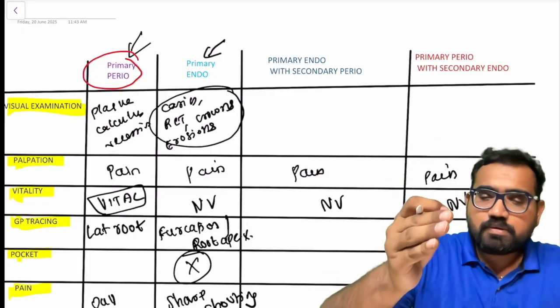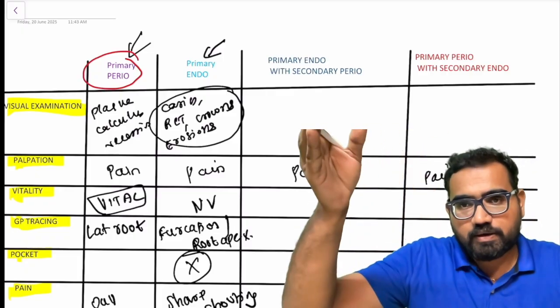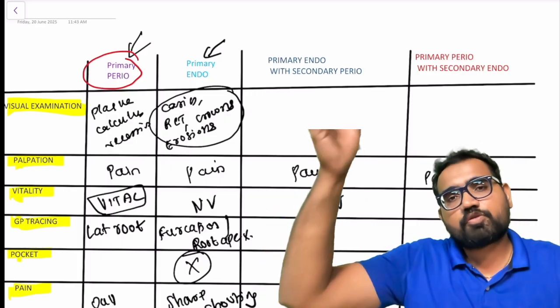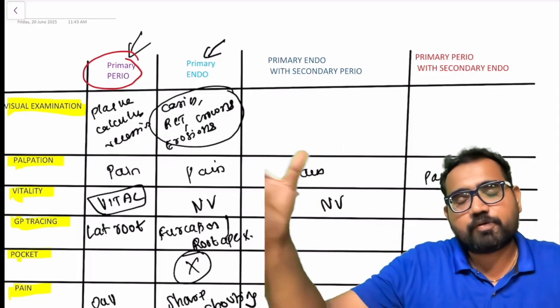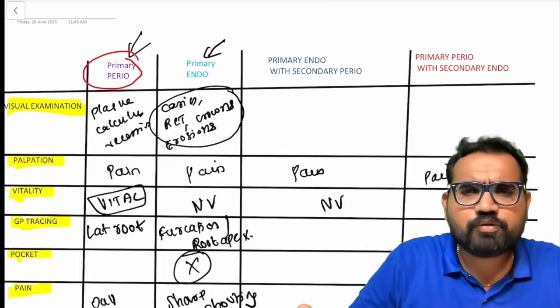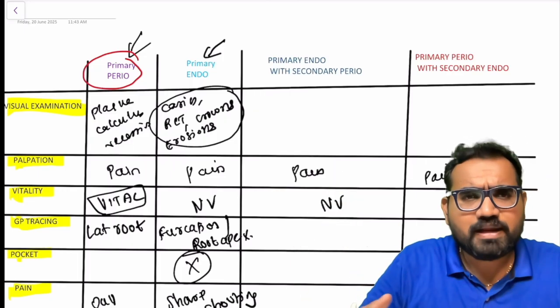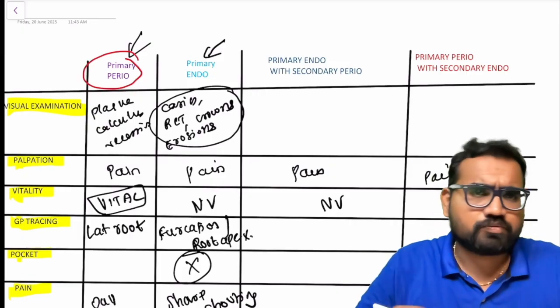Phase 1, which is nothing but scaling and root planing, is followed by RCT, which is followed by the evaluation phase, and if needed, I'll go for periodontal surgeries. In primary perio, I don't need root canal treatment, right? Because there is only plaque, calculus, recession. So I'll straight away go with phase 1, and evaluate for phase 2 if needed.